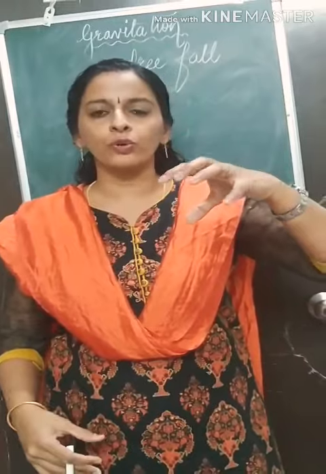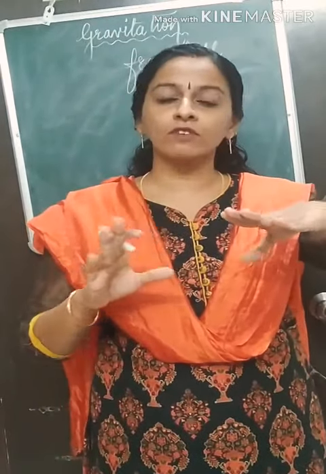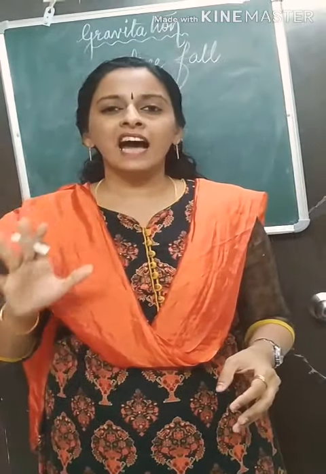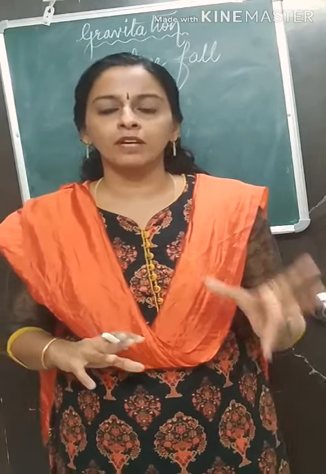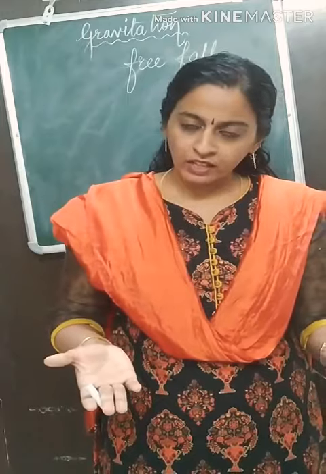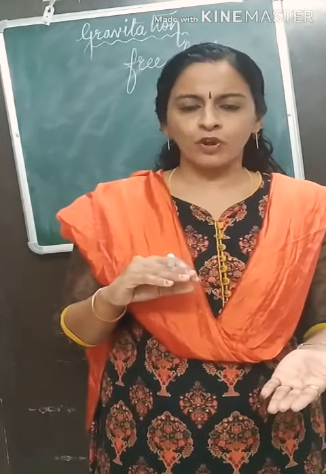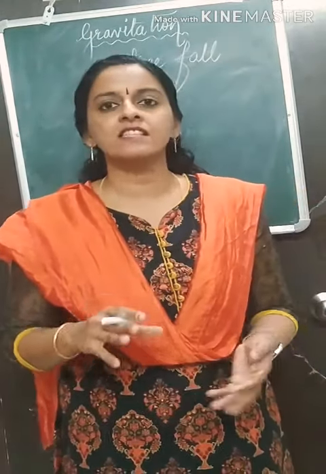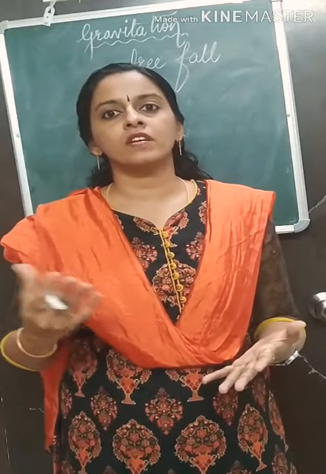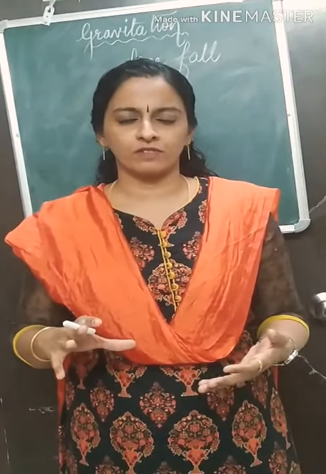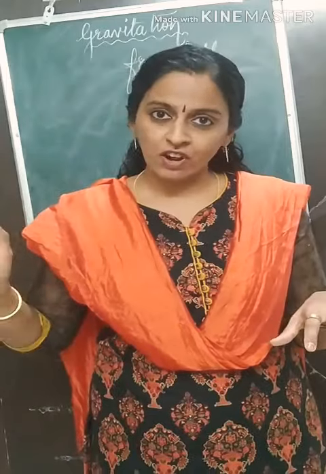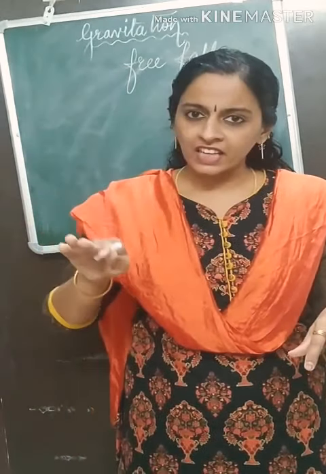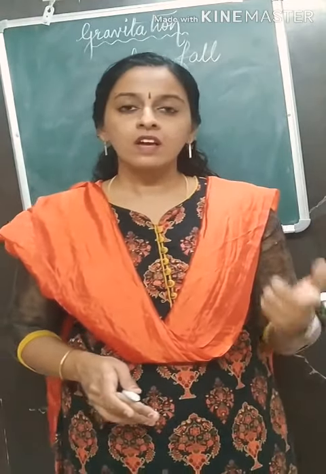Onto the stone, the buoyant force and the frictional force will also be exerted, but that force will be lesser because the mass of the stone is more. So heavier objects will experience less buoyant force and frictional force, whereas lighter objects will experience more. Because of these two extra forces, the feather will reach the floor a bit late, whereas heavy objects will reach the floor faster.